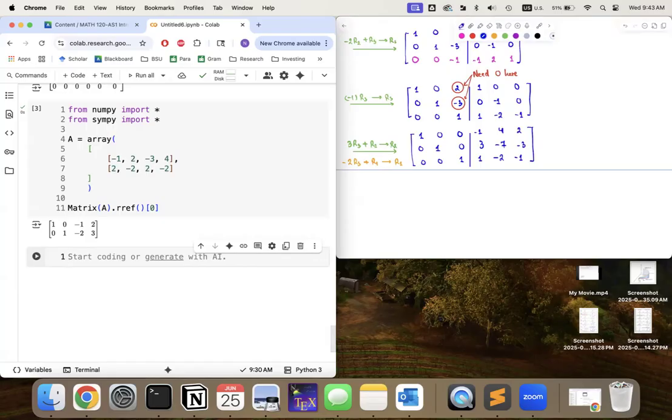Now you're done. This is the reduced row echelon form. On the left-hand side is the 3 by 3 identity matrix.